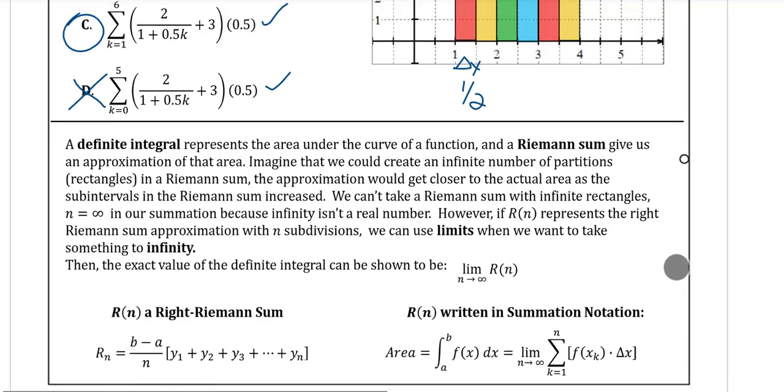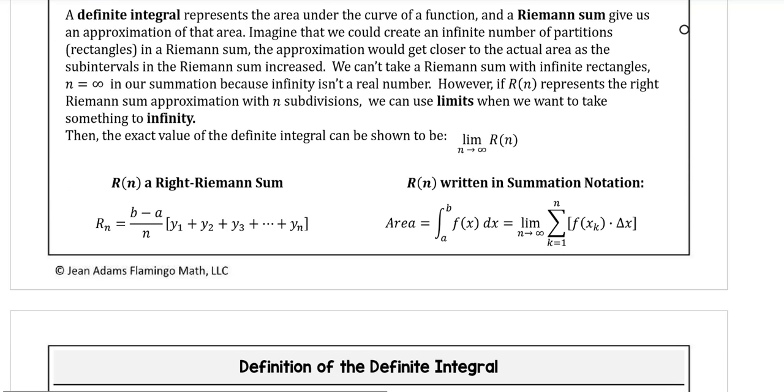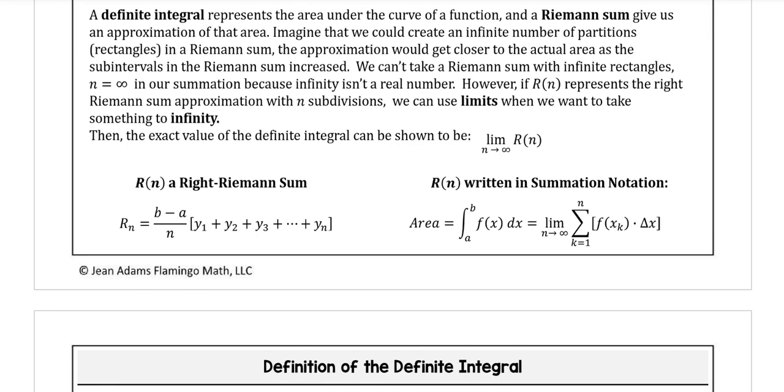Okay, next. A definite integral represents the area under a curve of a function. A Riemann sum gives us an approximation of that area. Imagine if we can create an infinite number of partitions, as we've talked about in class. So what we're going to do then is take the limit of our Riemann sum as n gets infinitely large.